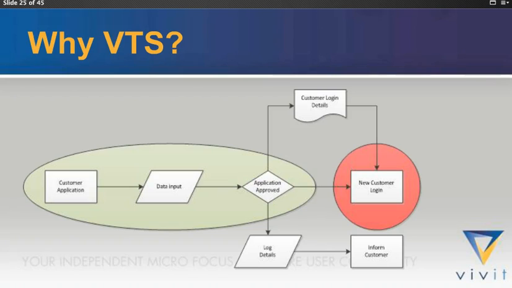So a customer goes to a website, types in some data, and then at some point they're created a new account. That customer is then at a later stage going to log in, and that's the business process represented by the red circle. The problem that we have with this is that script 2, which represents the customer login, can't run until after script 1 has already run.